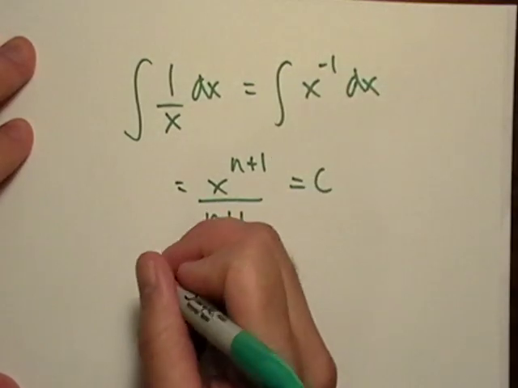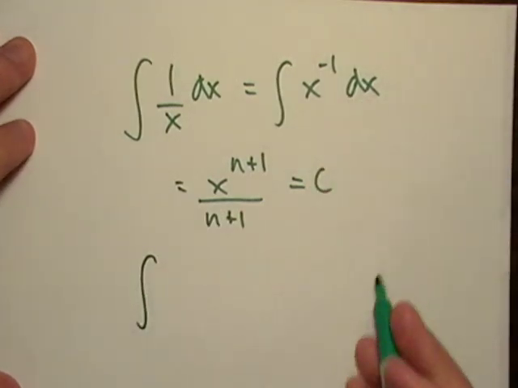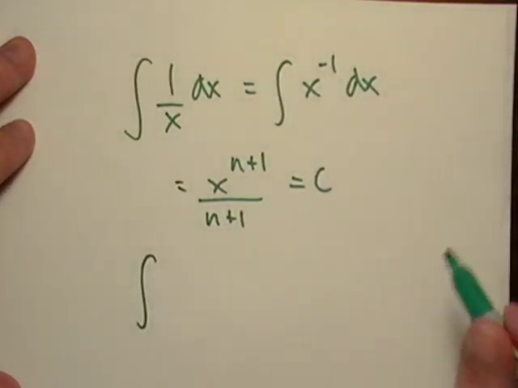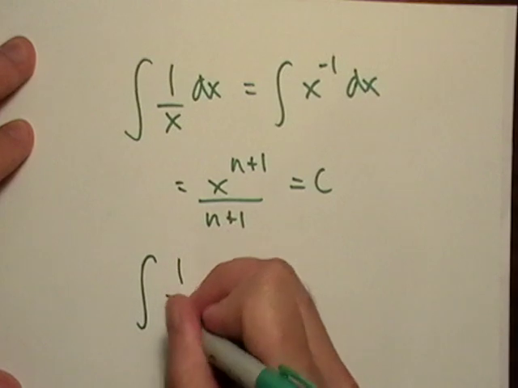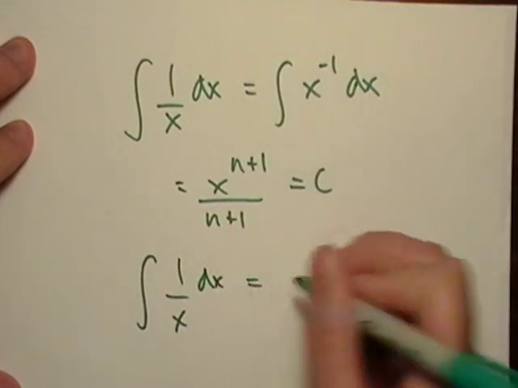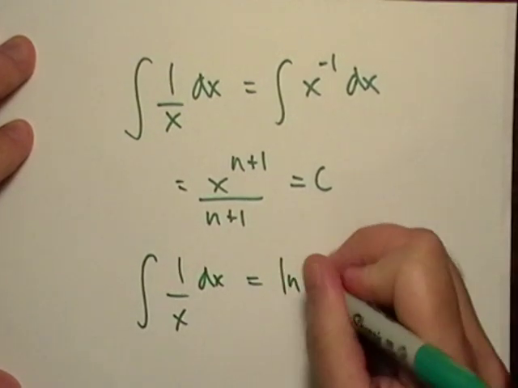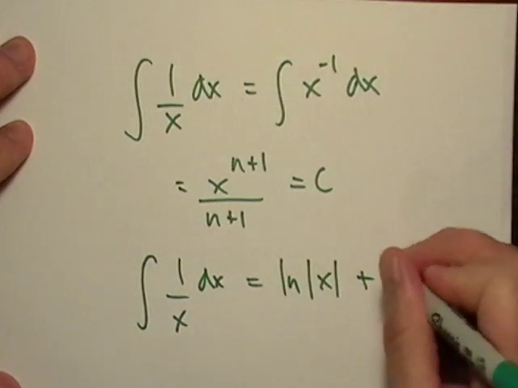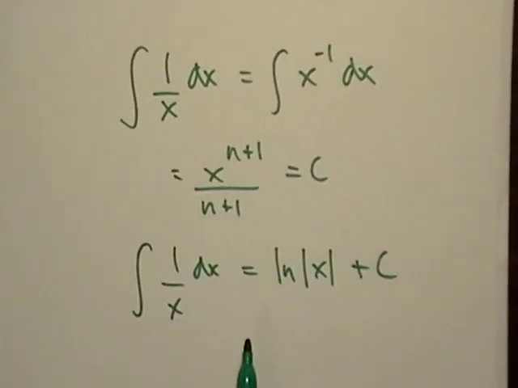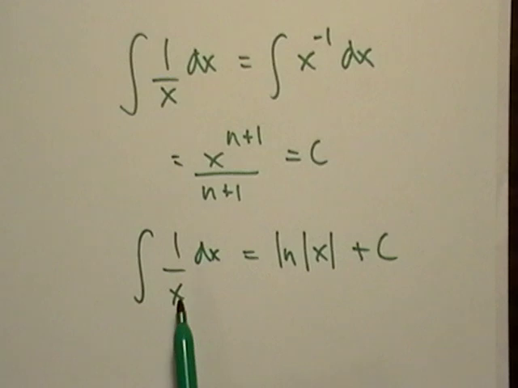There's really no other simple way to do this, and if you don't already know it, the antiderivative of x to the -1 is the natural logarithm of the absolute value of x.